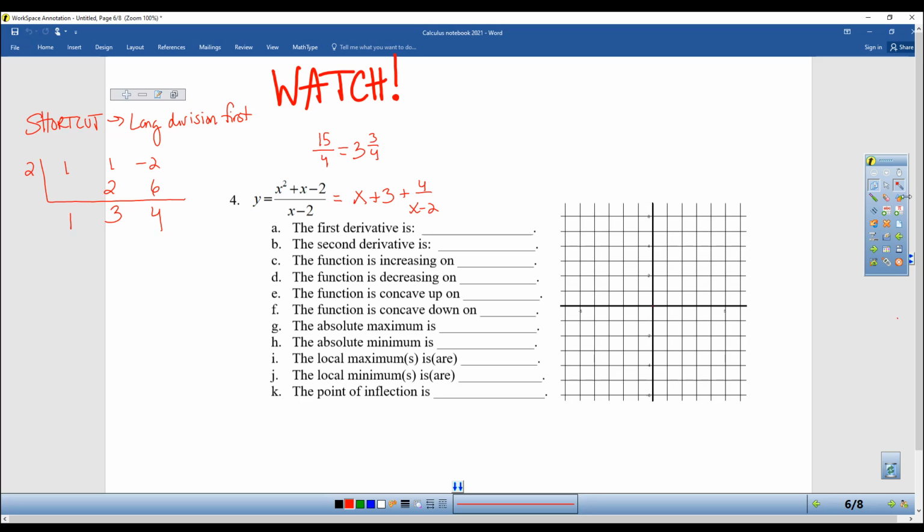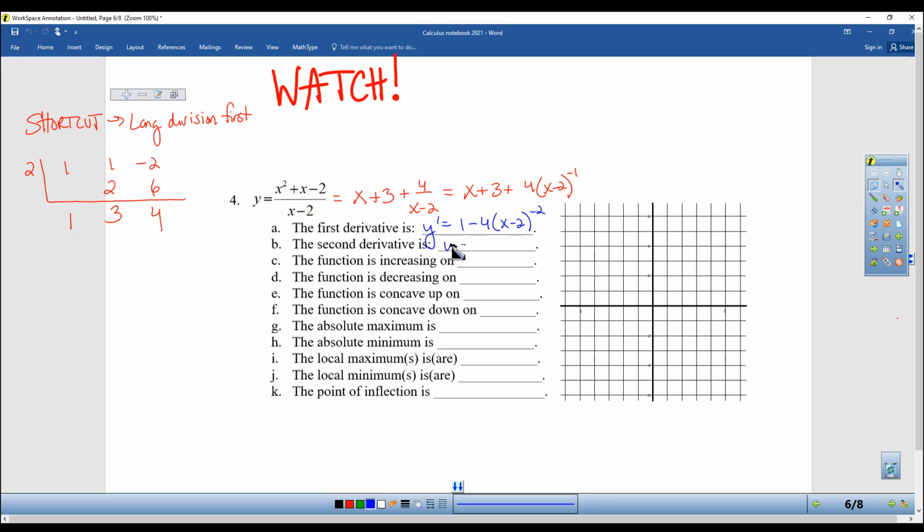We've changed it to a mixed number, which in derivatives is going to be super important because watch this. If I move that x minus 2 to the top, I can take the derivative so fast. You ready for this? Y prime is equal to the derivative of x is 1, the derivative of 3 is 0, minus 4 times x minus 2 to the negative 2.